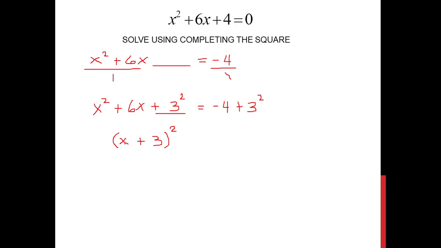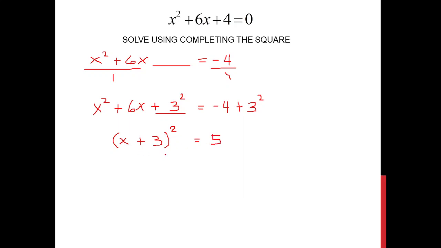This one is equal to that one. This is a perfect square trinomial. Equals negative 4 plus 3 raised to the power 2, which is 9. Negative 4 plus 9 is equal to positive 5.